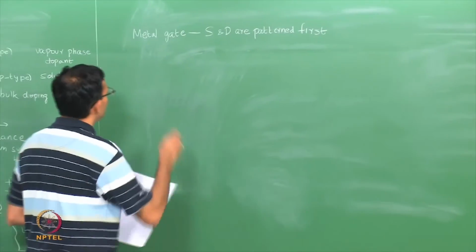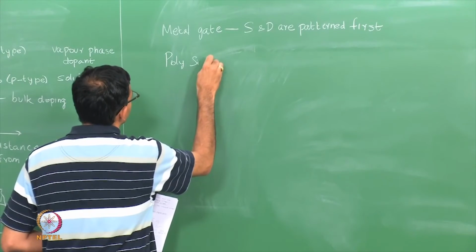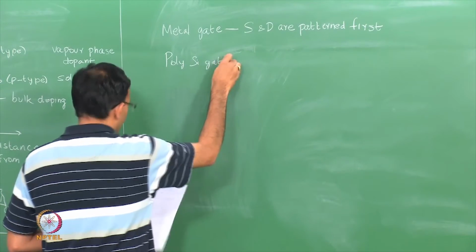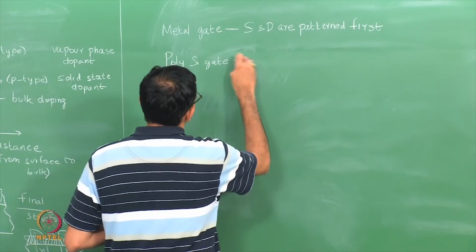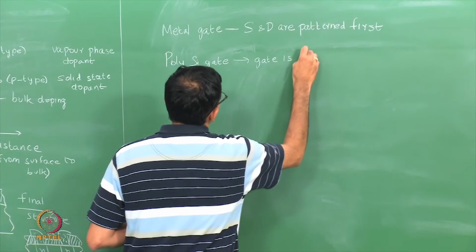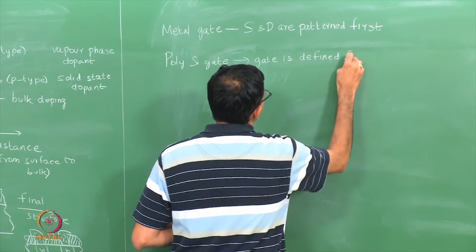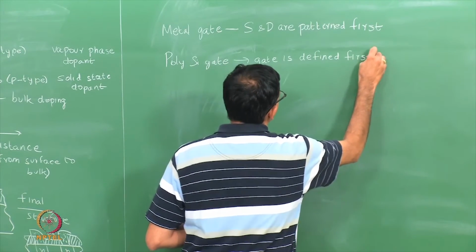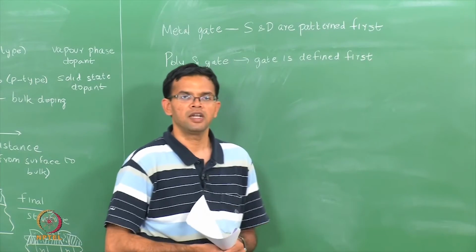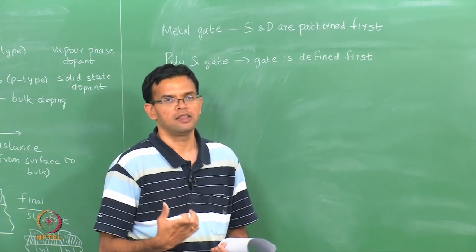On the other hand, with polysilicon, the gate is defined first, and this has the advantage that we can use the gate to align both the source and the drain.